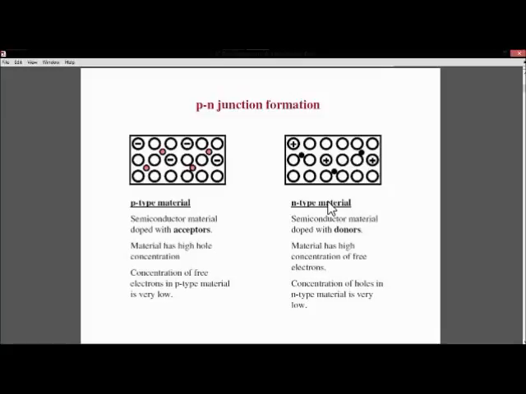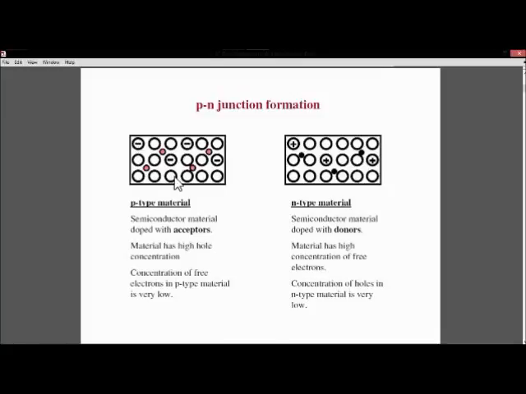Now, how is this PN junction formed? We have two types of materials, P-type and N-type. In the case of P-type materials, the semiconductor is doped with acceptors, because they are positive. This kind of material has a high hole concentration. Here you can find a number of holes, and the concentration of free electrons in P-type material is very low.